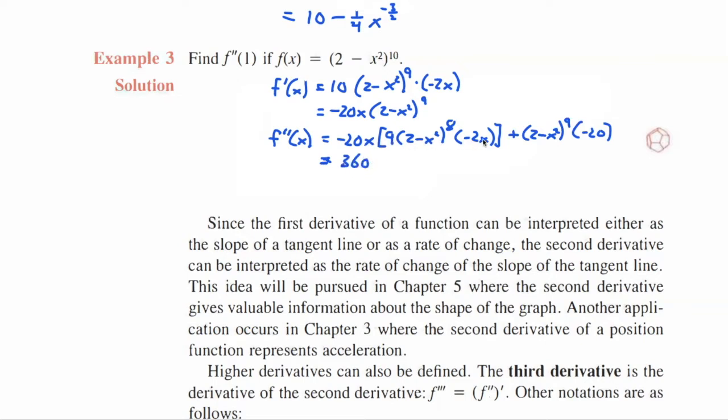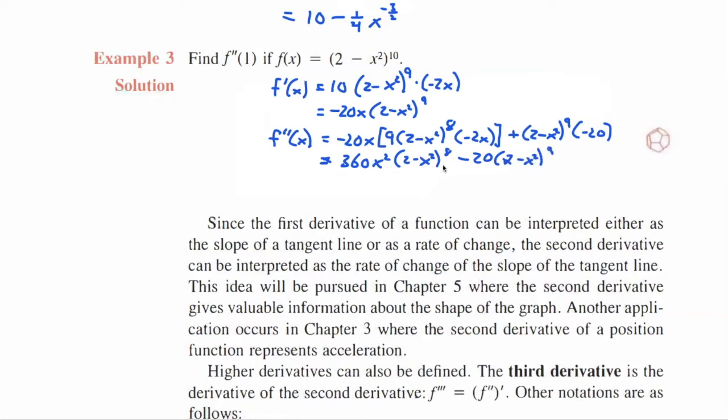We have x, and this x is going to be x squared. And then we have our 2 minus x squared to the 8. And then we have also added to this, actually it's going to be minus. So let's just make that minus 20 times 2 minus x squared to the 9.